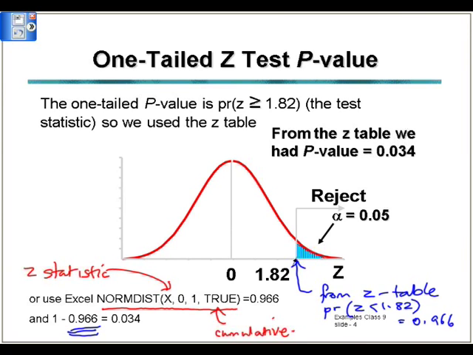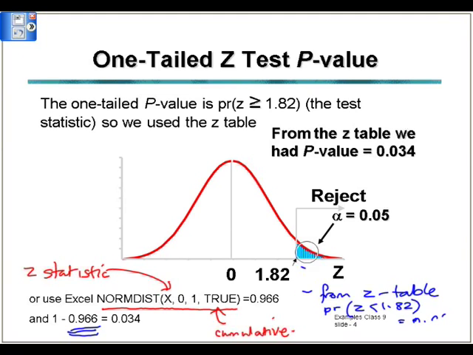Now, of course, having the p-value means that we can determine whether or not to reject the null hypothesis. And this p-value, 0.034, is the p-value for this test.